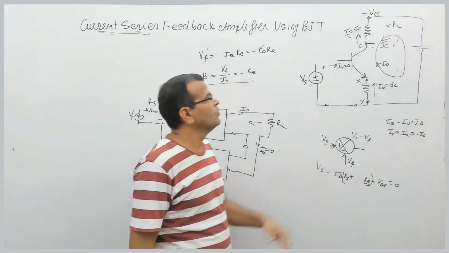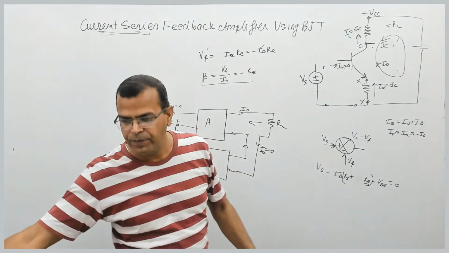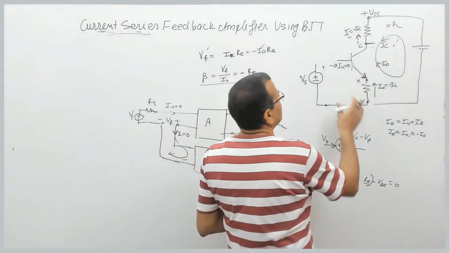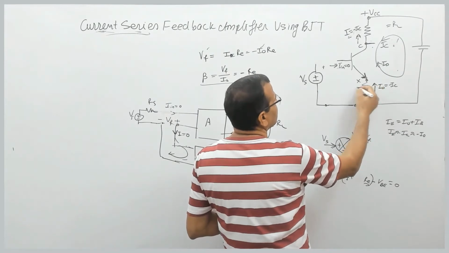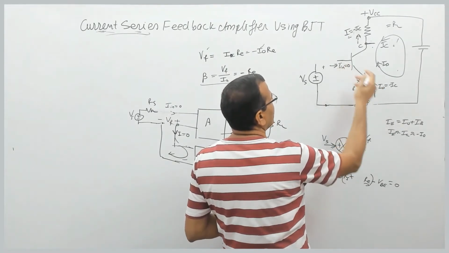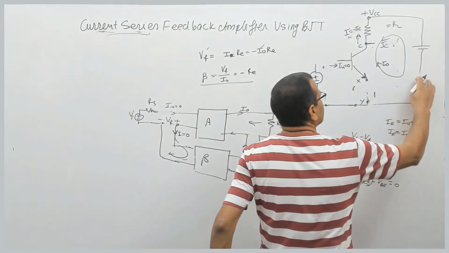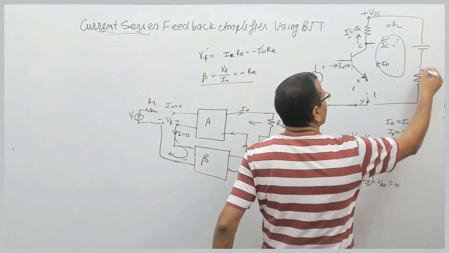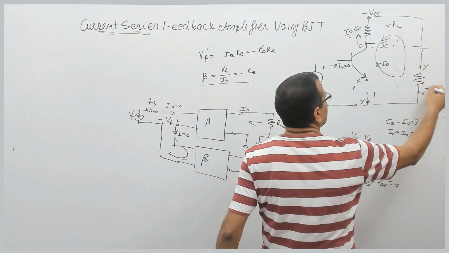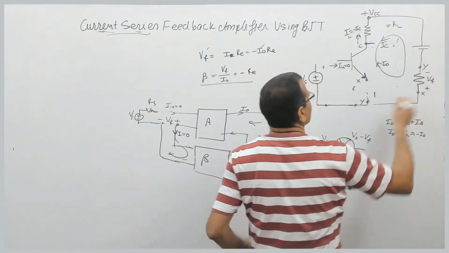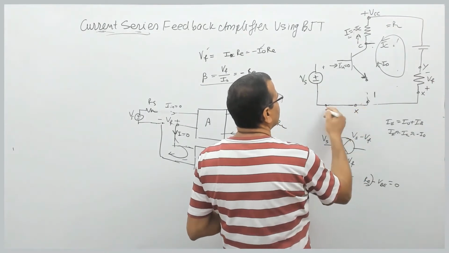When you connect the battery instead, we find this is open circuit, so the only current passing through this resistance RE is I naught, because I in is 0. So I can take this resistance on the output side with this terminal Y, this terminal X. This is the feedback voltage.